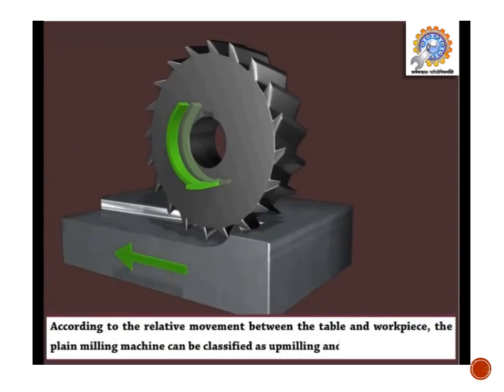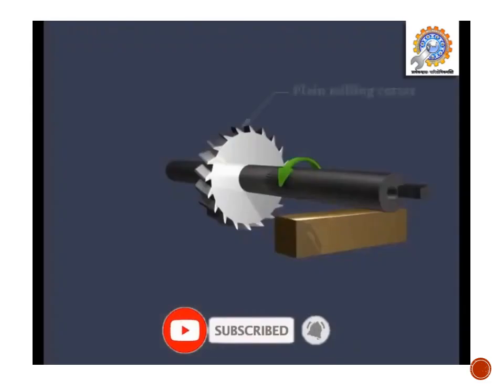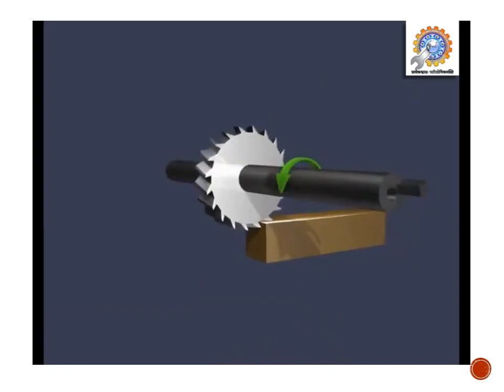According to the relative movement between the table and the workpiece, plane milling can be classified as up milling and down milling, as said earlier. In up milling operation, the workpiece is moved against the rotating cutter direction.